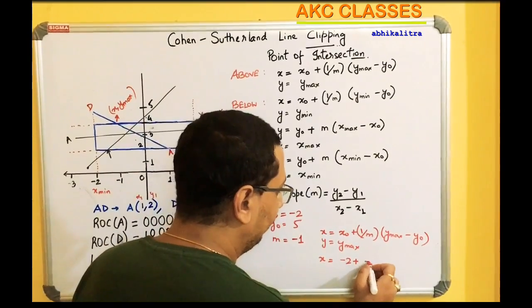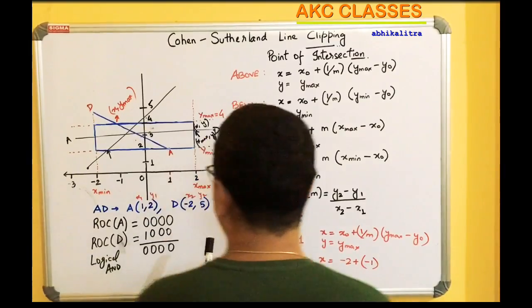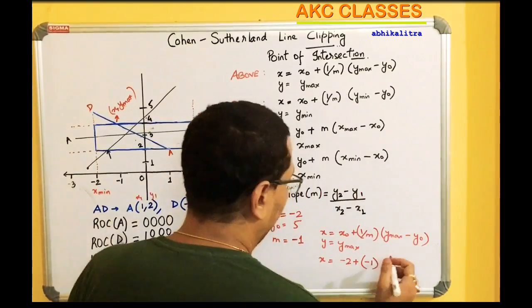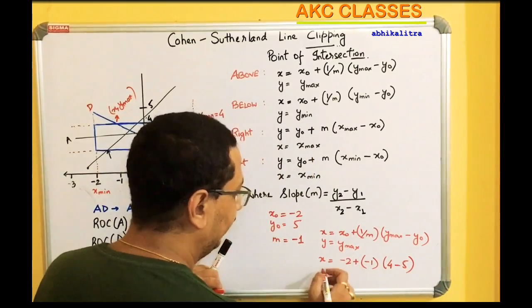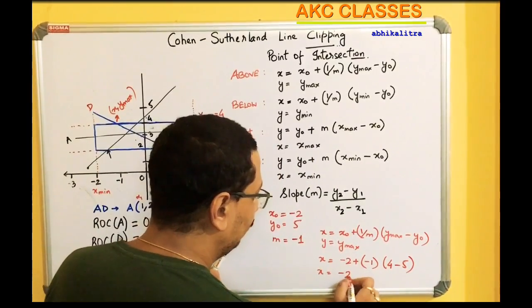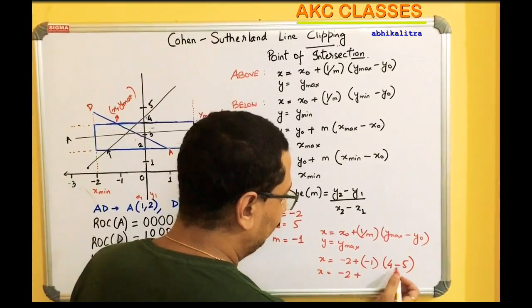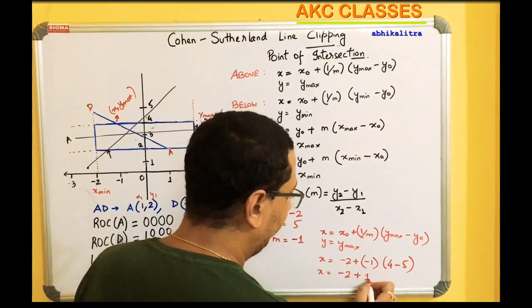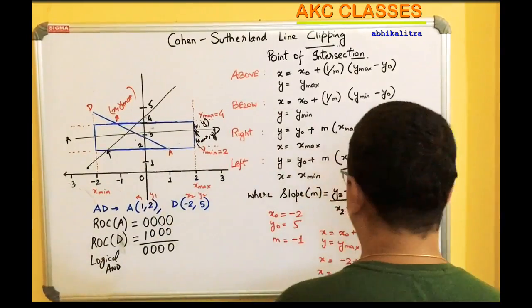The value of y max is 4, so 4 minus 5 is -1. So x will be equal to -2 plus -1 into -1, which gives +1, so x will be -1.